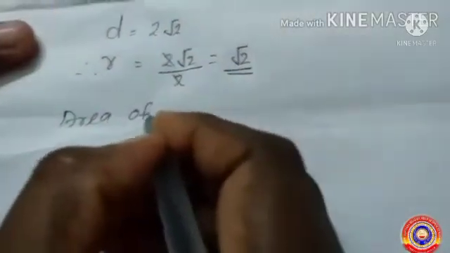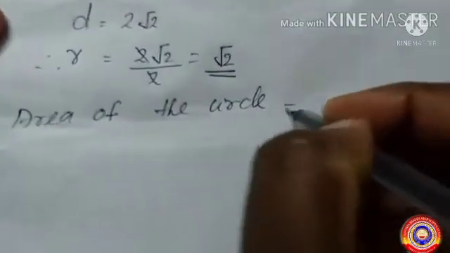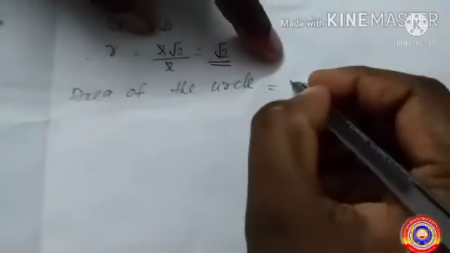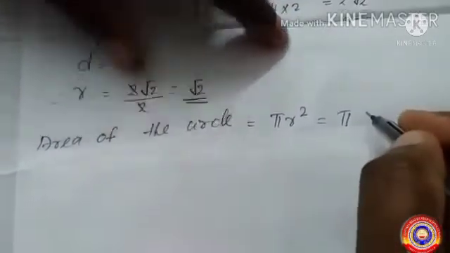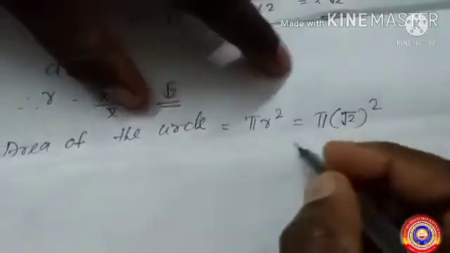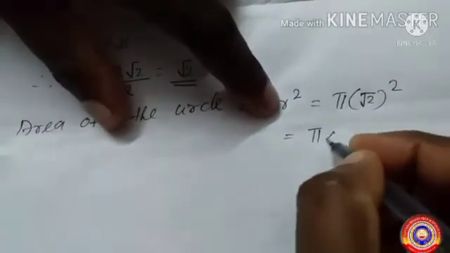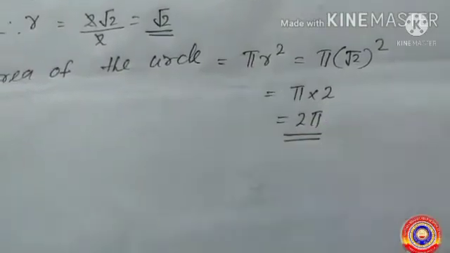Next, we have to find the area of circle equal to pi r square, which is equal to pi into root 2 the whole square, equal to pi into 2. Root 2 the whole square is 2, which is equal to 2 pi.